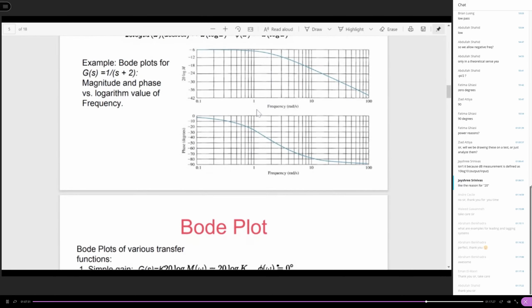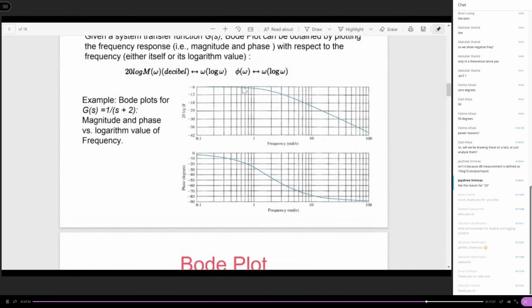Now the phase plot, compared with the magnitude plot, is much simpler, because there are not many games that we play here. For the phase we just plot a real value, phi of omega, and the frequency axis is the same as in the magnitude plot, so you can use a log scale to express that.